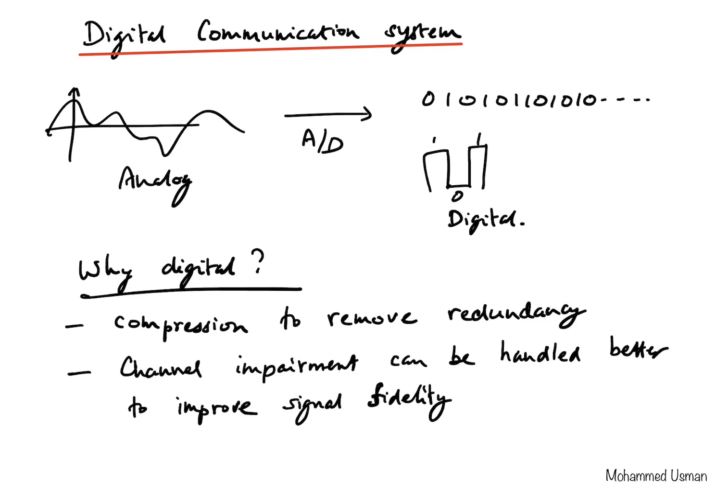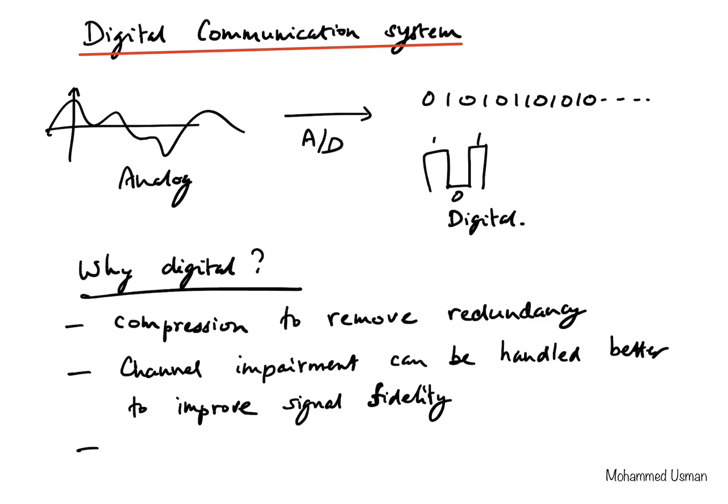And another advantage of using digital communication is this: if the distance between the transmitter and receiver is too large, then in analog communication we use what we call repeaters, which are amplifiers that keep amplifying the signal. But in a digital communication system, rather than simply using an amplifier, we can recover the original bits and then retransmit them forward to the next intermediate point or to the final destination.